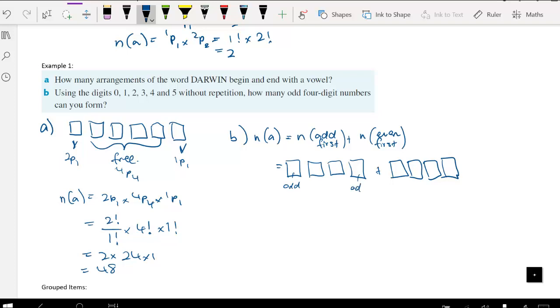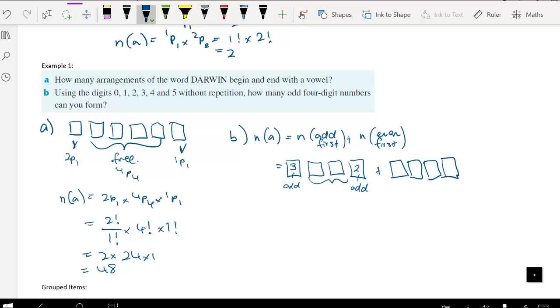If the first and last must be odd, then there's initially 3 odds, and there's 2 odds left for the last value, and then there's 4 values left to fill the middle.